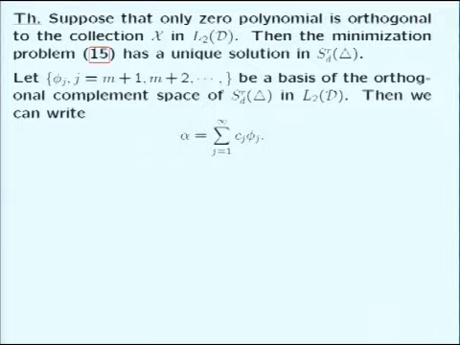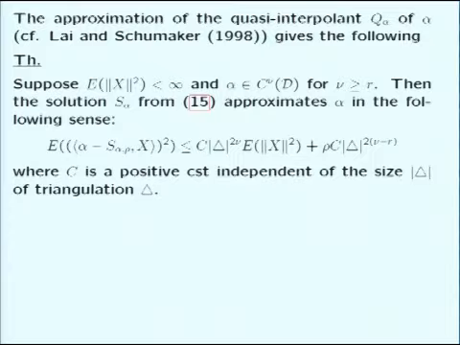And again, we have the same results, so I'm repeating myself, on the minimization problem and the existence of a solution. And another technical result enables us to find an upper bound for the expectation of the scalar product square. Here you have the difference of interest, the alpha minus S alpha rho.